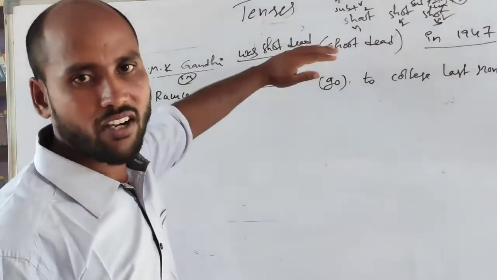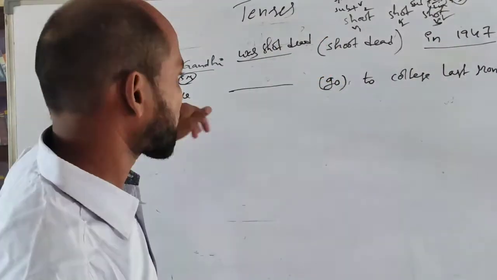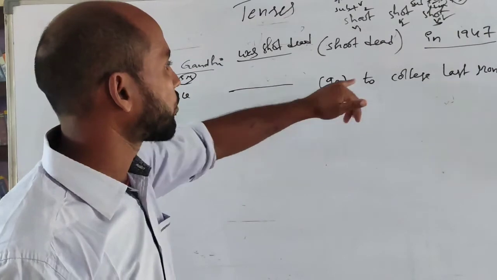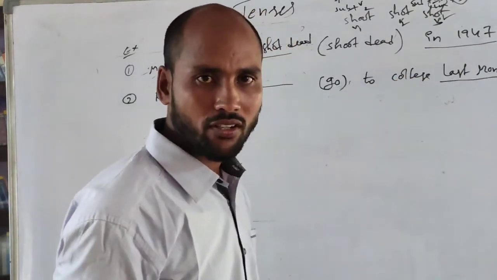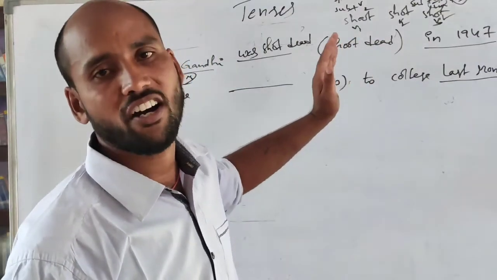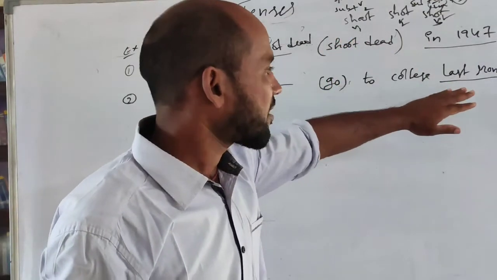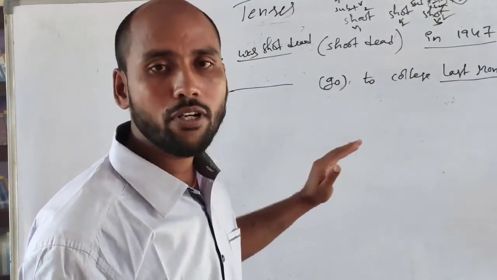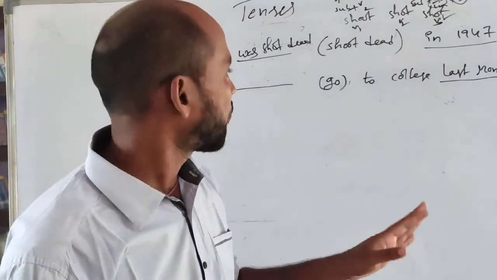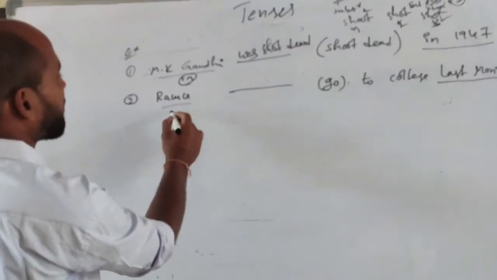The next one is Ramu go to college last month. Last month is an identification word of simple past tense. That's why this sentence is written in simple past tense structure only. Ramu is the subject.